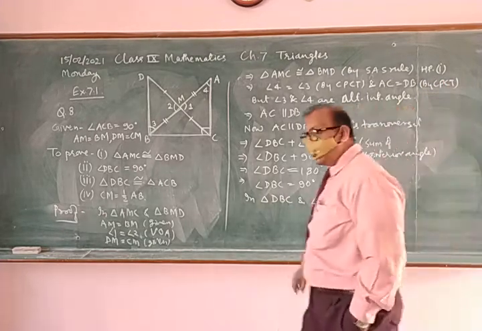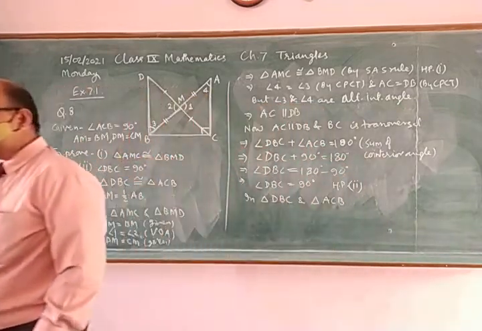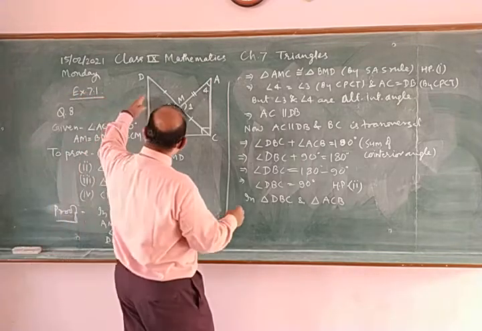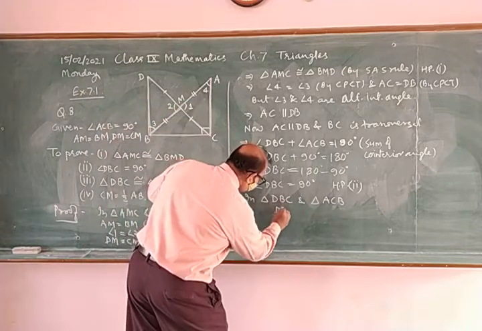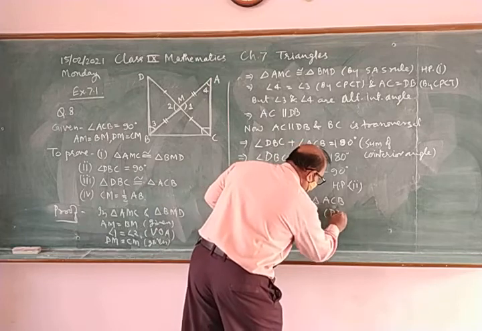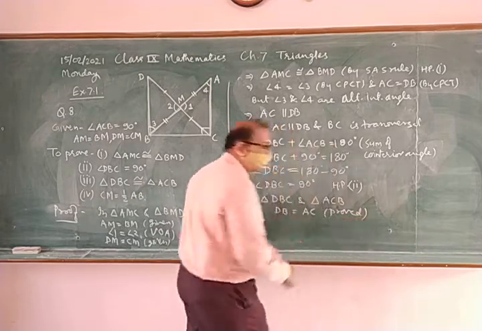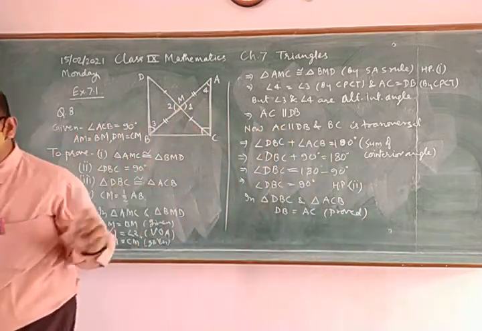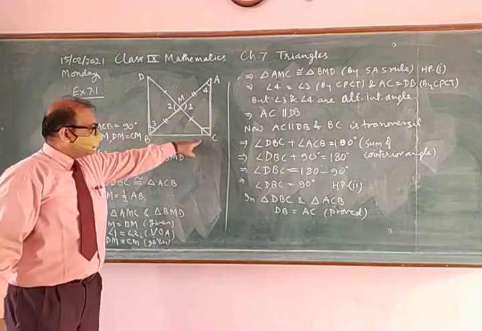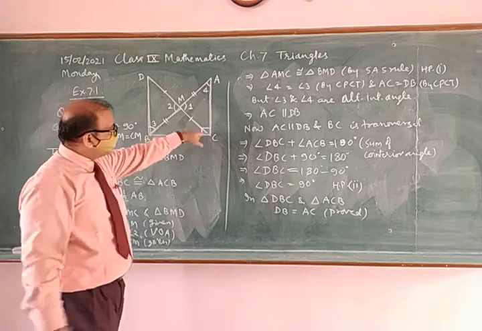Look here, in triangles DBC and ACB, DB is equal to AC. It is proved.